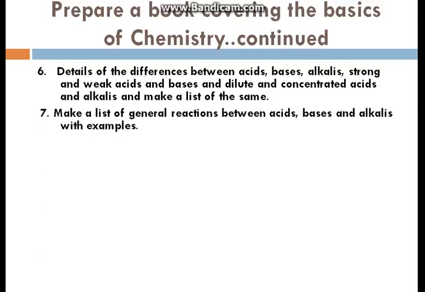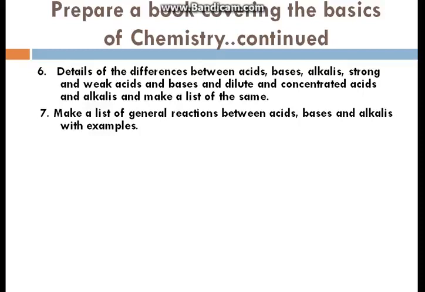Make a list of general reactions between acids, bases and alkalis with examples. If you flip through the chem textbook, you will find that roughly 50% of the entire textbook must be full of chemical equations wherein there's a reaction of some acid with a base or an alkali.